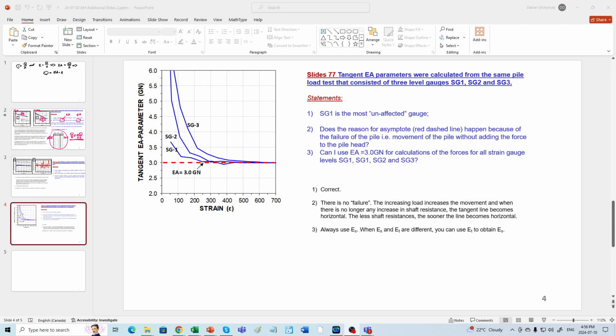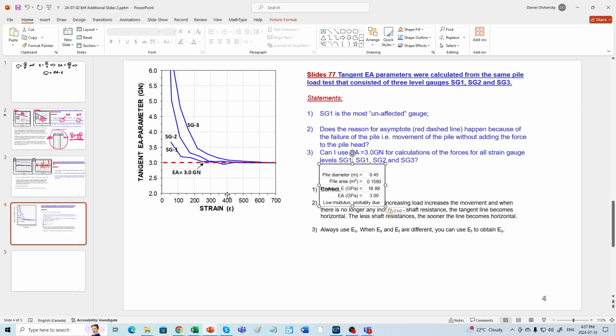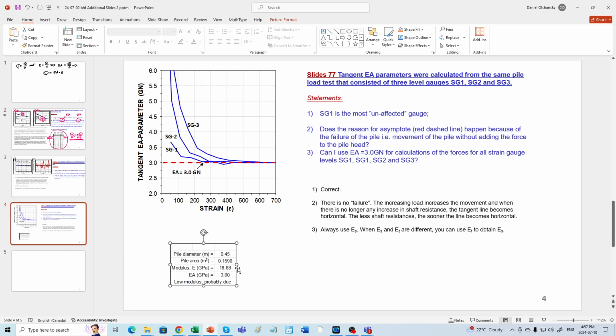The only thing I didn't understand is, if I'm just taking from your Excel file the tab called pile C2HD, this one. So you have something like that. Where did you take this E?